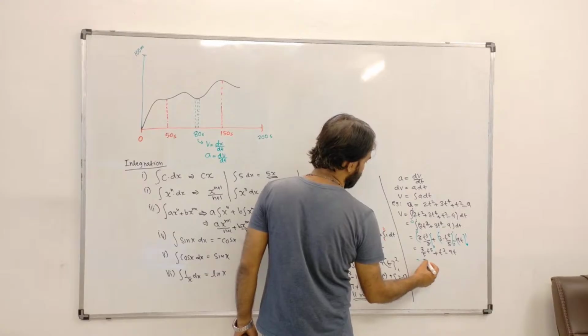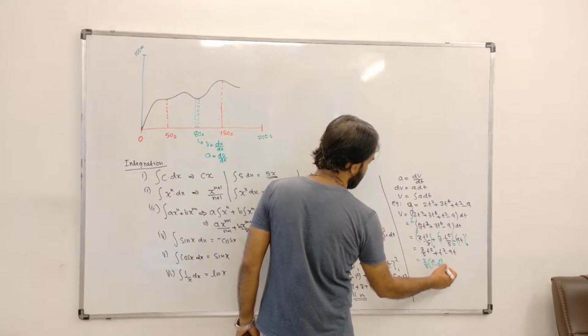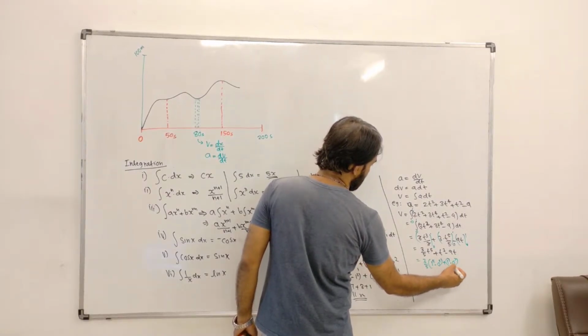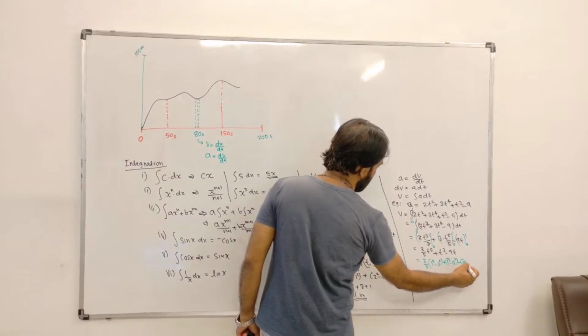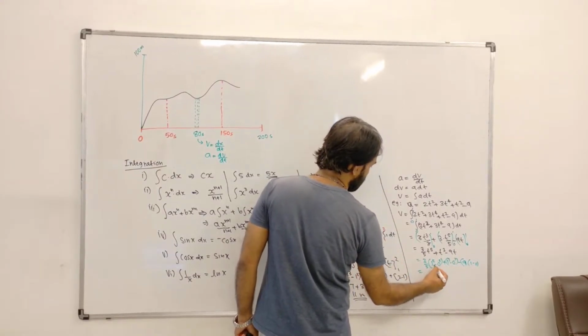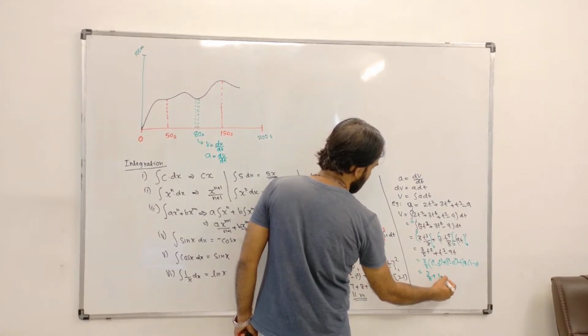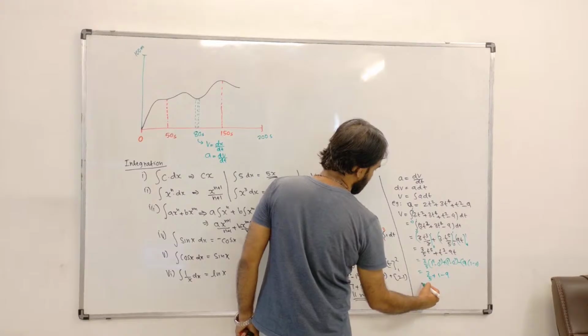So here it will be what? 3 by 5 into t raised to 5 from 0 to 1, 1 raised to 5 minus 0 raised to 5, plus 1 raised to 3 minus 0 raised to 3, minus 9 into 1 minus 0. So this is equal to 1. So this is 3 by 5 plus 1 minus 9.